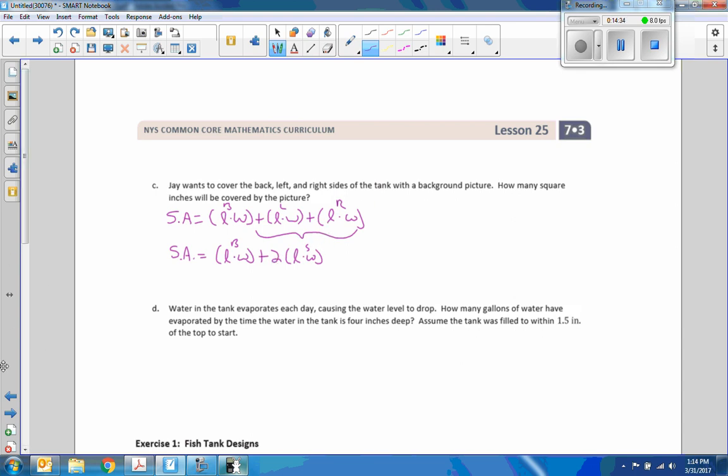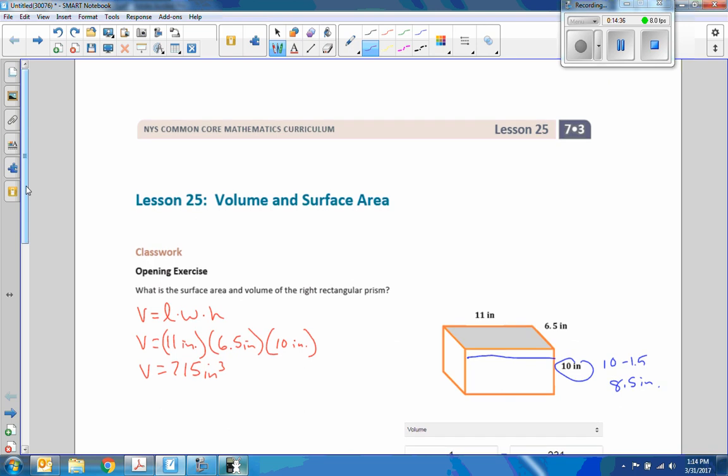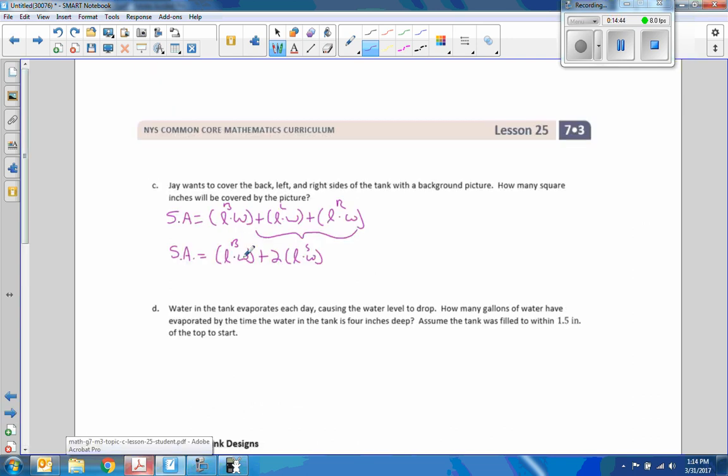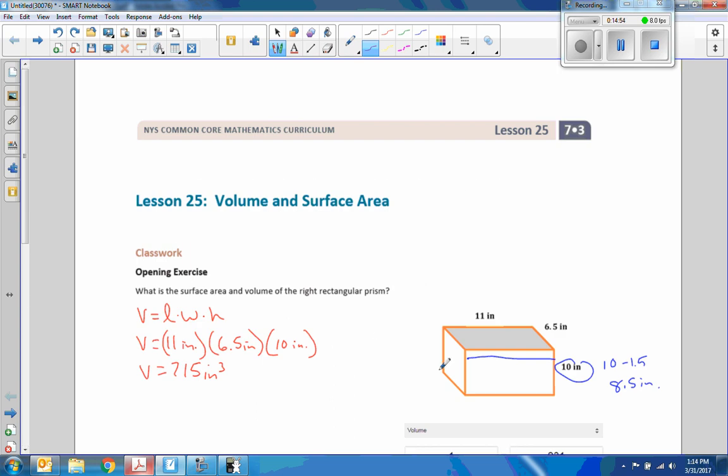Now if I go back to my first problem, opening exercise, okay, the back is 11 by 10. So I need to keep going back and looking at these values. So the surface area equals 11 times 10. That's the back. And then we have 2 sides. Both sides are the same, they're 6.5 wide by 10 inches tall.